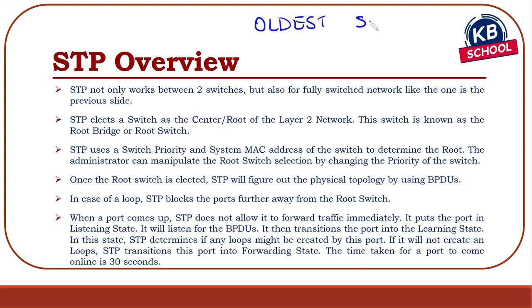And the oldest switch might be an access layer switch someplace that you may not want in the center of your network, might be towards the edge of your network. So you don't want STP to automatically pick your root switch. It's recommended that you go to the center of your network and manually select your root switch, or you can also set up a backup root switch. We'll take a look at that in the next video in terms of how to select a root switch.